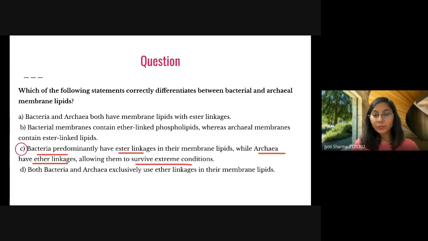If you get to know the difference between archaea and bacteria, archaea are more tolerant to extreme conditions, and this tolerance is given by these ether linkages. But if we do have the ester linkages, then this differentiates bacteria, normal prokaryotic bacteria, from archaea. And let me show you how.